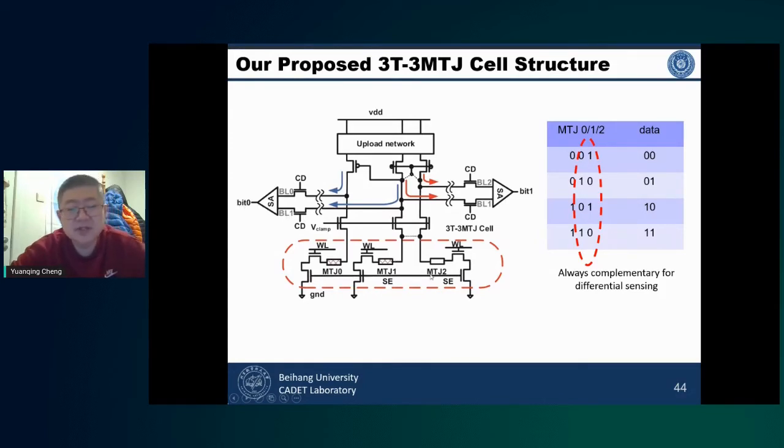But we have to pay attention that only several states are valid for this 3T3MTJ structure. We must make sure that the data stored in MTJ1 and MTJ2 are always complementary, so that we can use the differential sensing to read out bit 1. We select 4 different states from the total 9 states as the valid states for our 3T3MTJ cell structure.